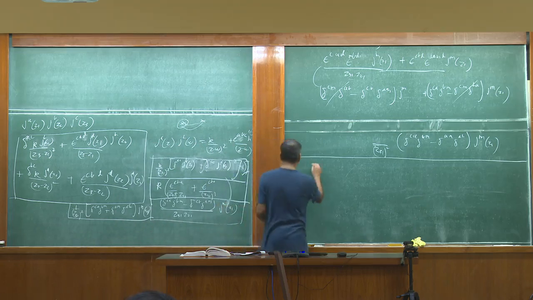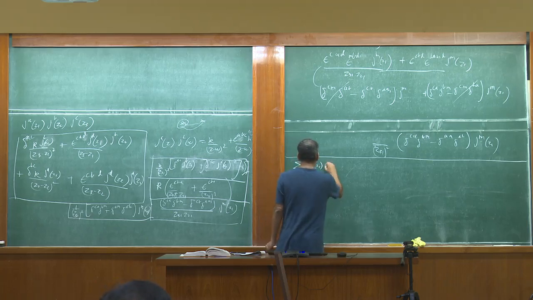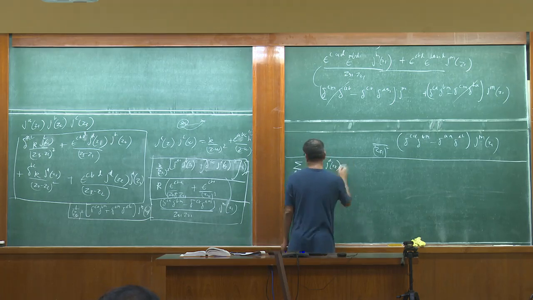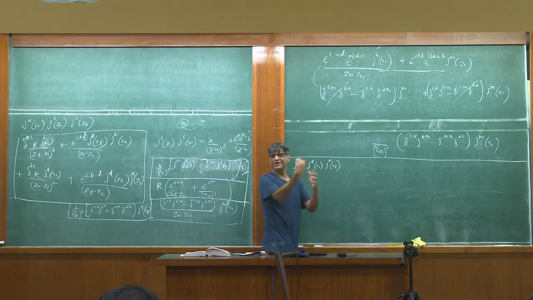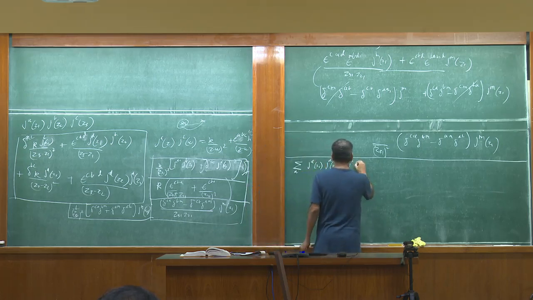So now we have the sum over A of JA of Z1, JA of Z2, in the limit Z2 goes to Z1, times JC of Z3.